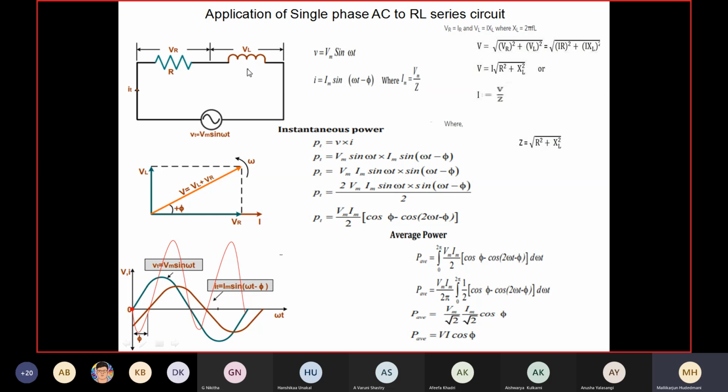Okay. Now, how to draw this? The first concept: to draw this as if it is not there in your view, let us see how I would have constructed it. To construct any vector diagram, I must refer to what kind of connection I have. Series. For a series circuit, what is the common electrical parameter we consider?